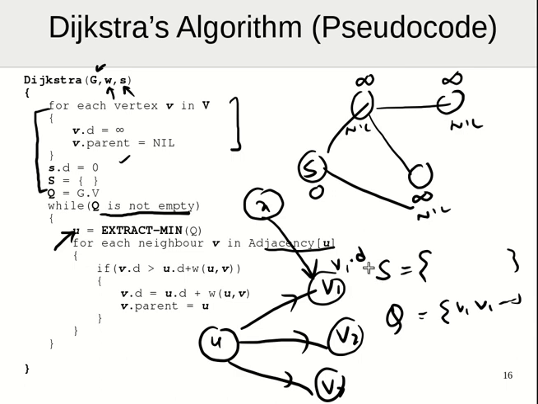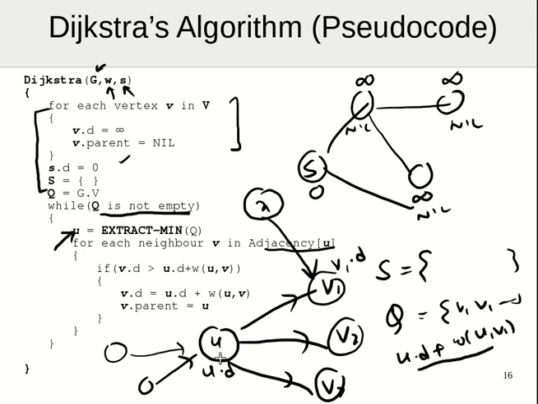So I'll see the distance till U. There are other nodes connected to U. So distance from source to U is U dot D. So U dot D plus the weight from U to V1. If this entire thing is less than this, then I get a better path. Therefore I need to update the distance of V1, and I need to mark U as the parent of V1. That's what is done here.